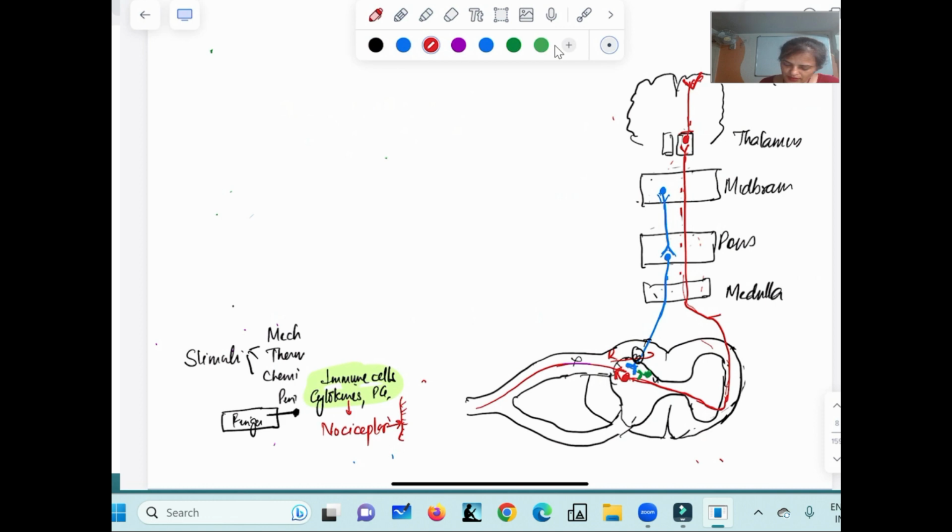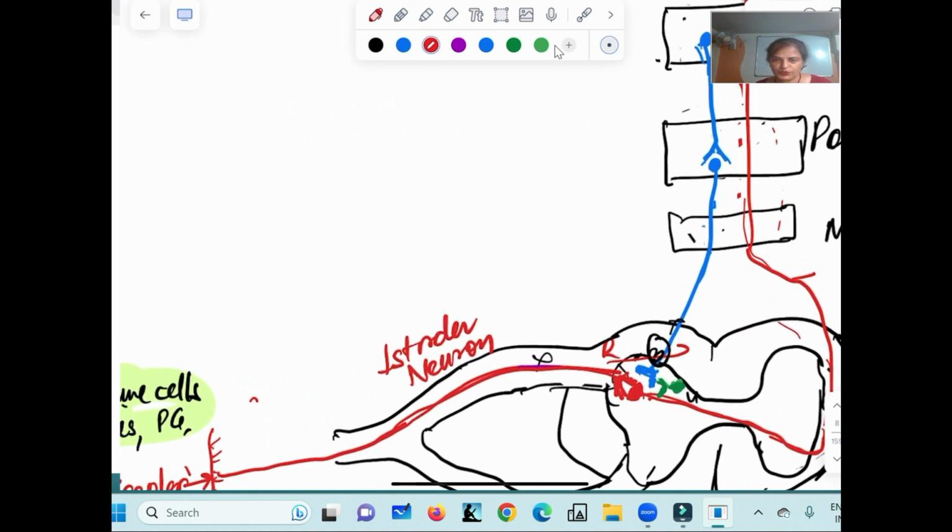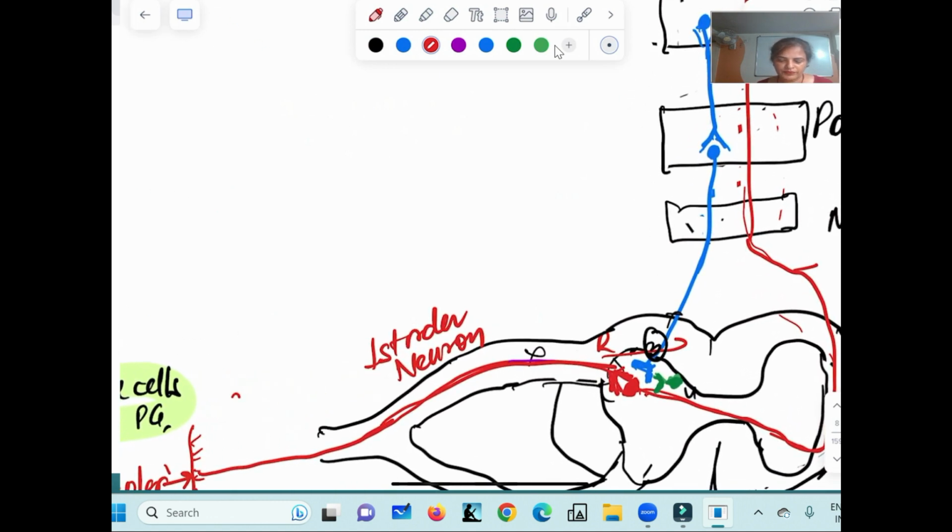This nociceptor, they are going to carry the pain to where? To the dorsal horn of the spinal cord. यहाँ पे आके ये क्या करेगी? रिले कर जाएगी. So this is a first order neuron. ठीक है, you can see, I'll show you a broader picture.